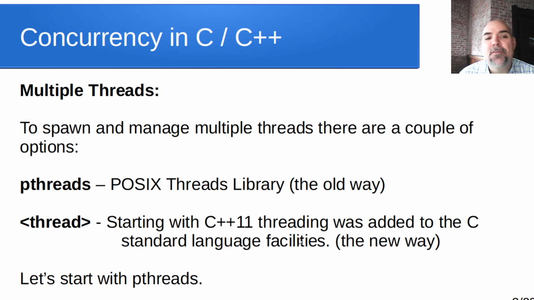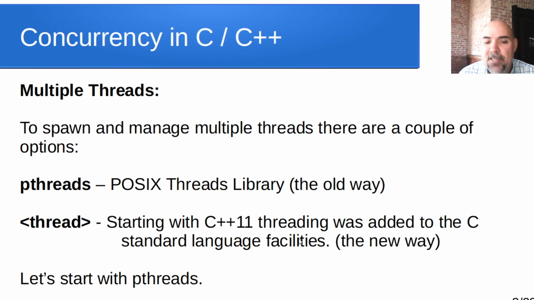But with multiple threads, the idea is we want to spawn and manage multiple threads. Now, there's a couple ways to do that. One is using a threading library, which is kind of the old way of doing that. It's been around for quite a while. Specifically, there's a version called POSIX Threads, or Pthreads, that we're going to talk about. That's considered the old way. And then the new way is starting with C++11 and C11.